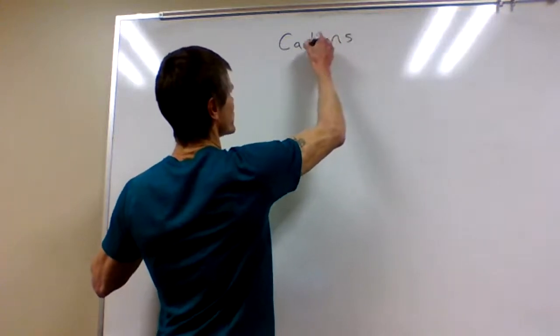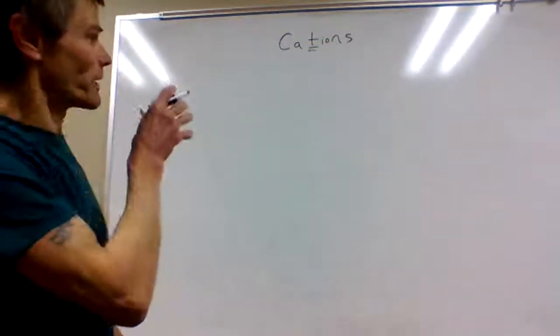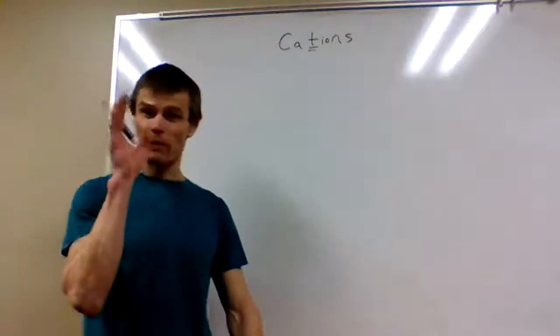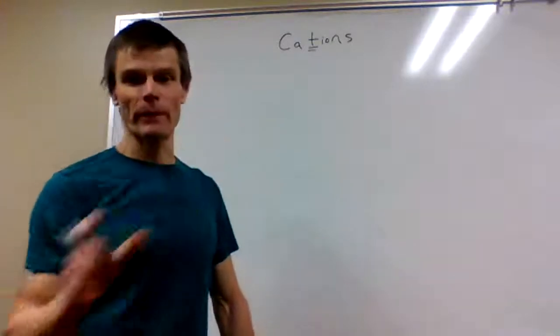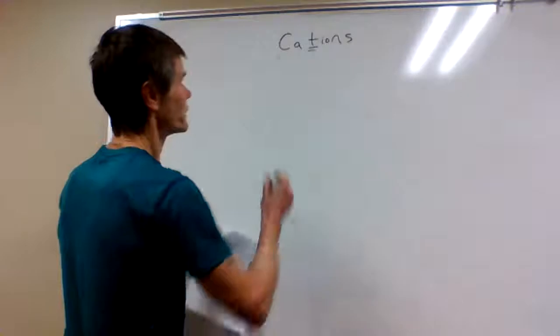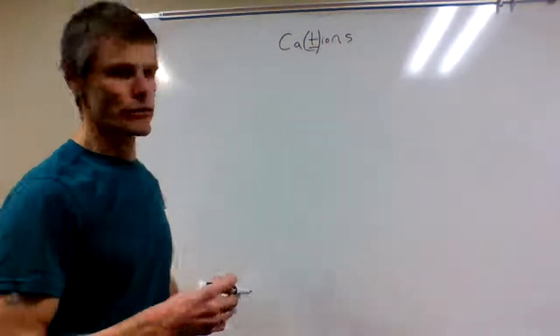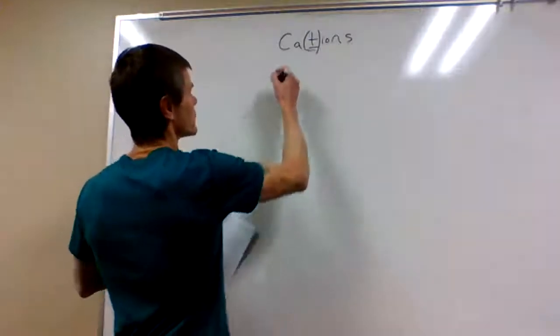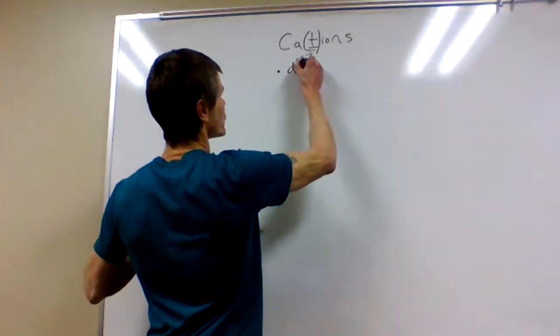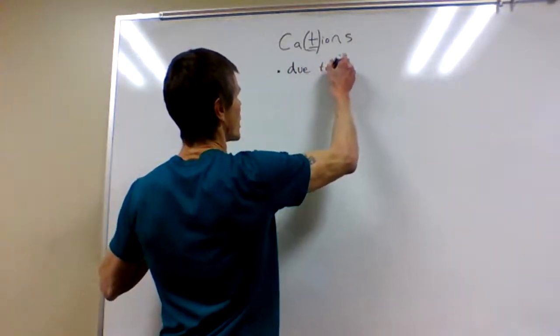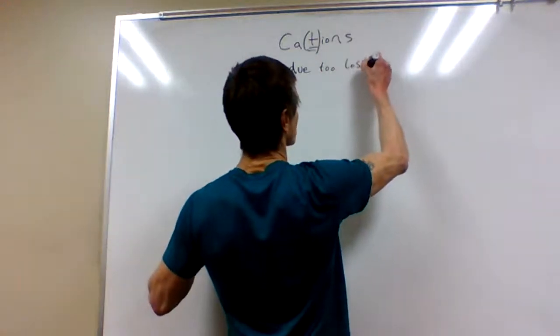And I like to underline the T. The T is important. I like to look at the T because that tells me it's positive. That's how I remembered them when I was in undergrad. There's our cations, positive. Cations form due to loss of electrons.